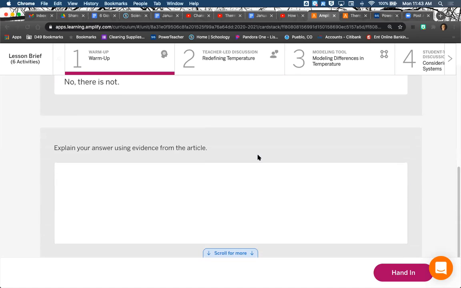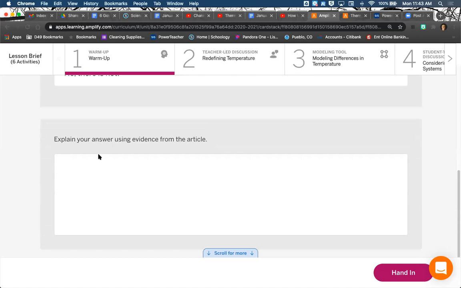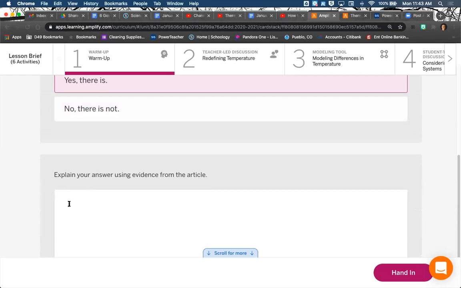Let's take that as our quote and say, there is a limit to how cold, which means temperature, because that's how we measure the speed and the amount of energy. There is a limit to how cold an object can get.